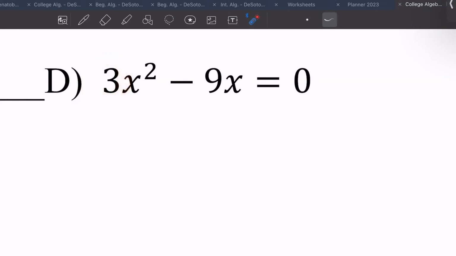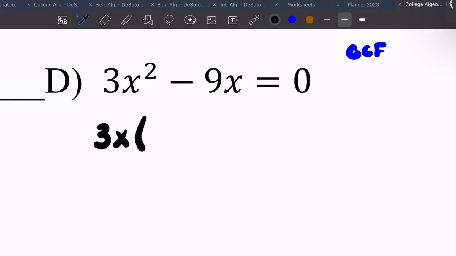We can't do that with 3, and this one's not a constant or squared. So the only thing that we can do is greatest common factor. So we're going to take out the greatest common factor, which is 3x, and we're left with x minus 3 inside our parentheses.